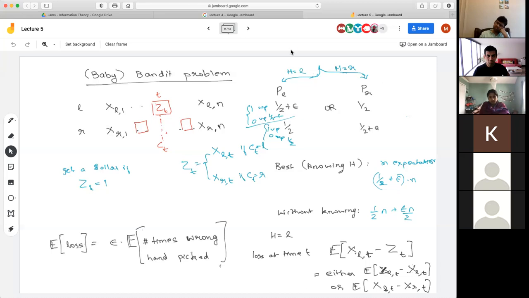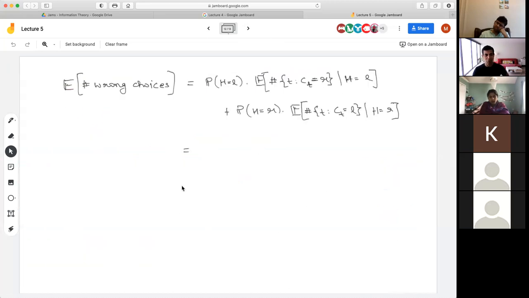And so now we just need to understand how many times you pick the wrong hand. I can write this in terms of this hidden variable, which corresponds to the hand which has the biased coin. It's either the left hand or the right hand. Then I can ask what is the number of times you picked the right hand when the biased coin was actually in the left one, and the other way around.